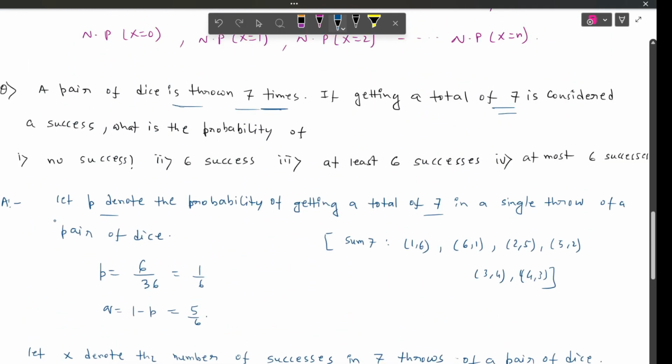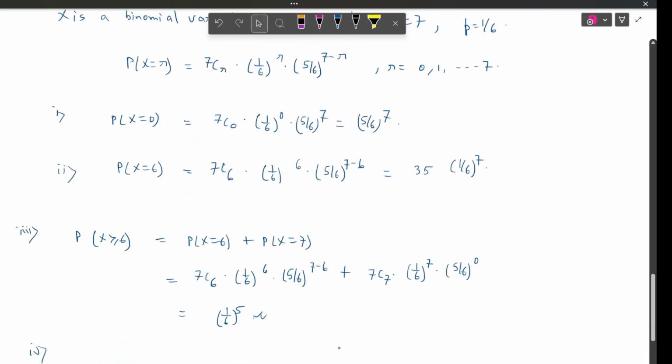Number 4 is at most 6 successes. So at most, that means maximum of 6 successes can happen. So P of X less than or equal to 6. 0, 1, 2, 3, 4, 5, 6. Okay. So for this we would have to calculate 7 values.